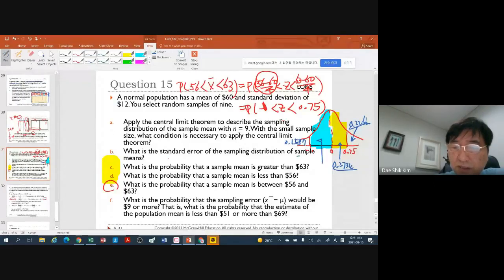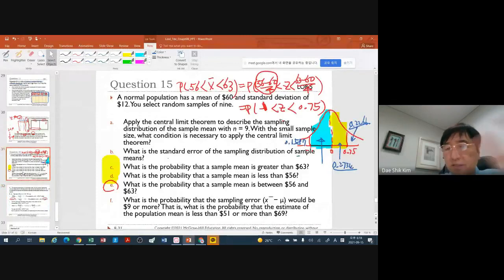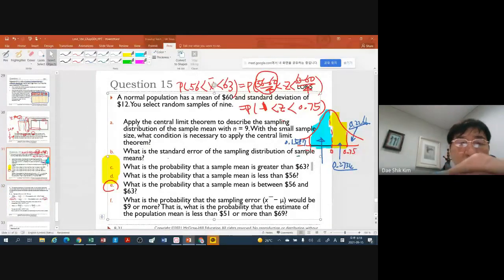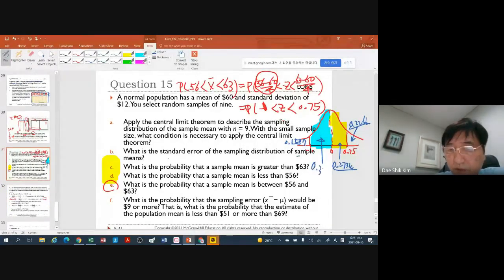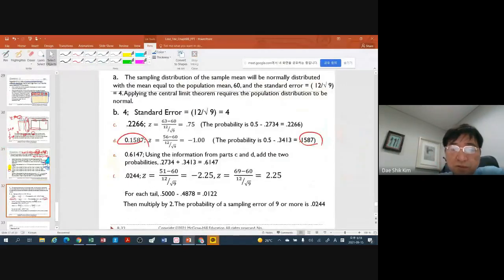The blue line, this area at D is 0.3413. Then this area is blue plus yellow. Just add these two, this plus this. Then you add up these two numbers. The answer is 0.6147.